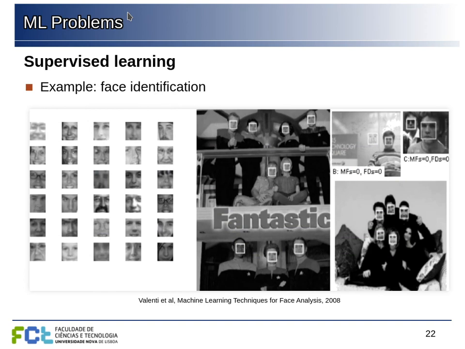One example here that is easy to understand is face identification. We can give our learner a large number of examples of faces and non-faces, for instance, and then the final hypothesis that we obtain after learning can be applied to processing images and identifying where faces occur.